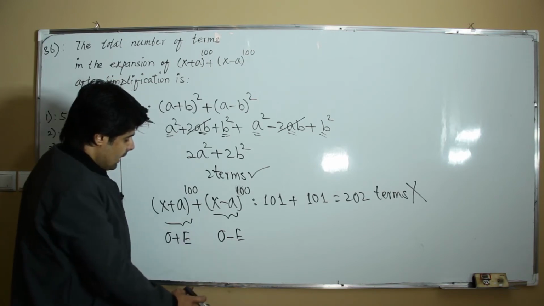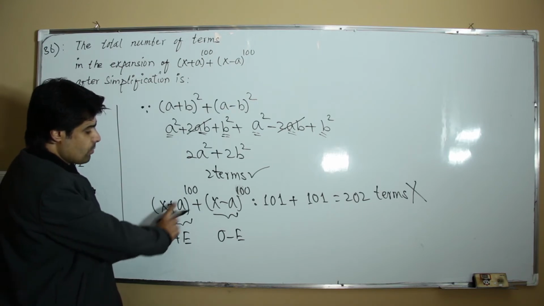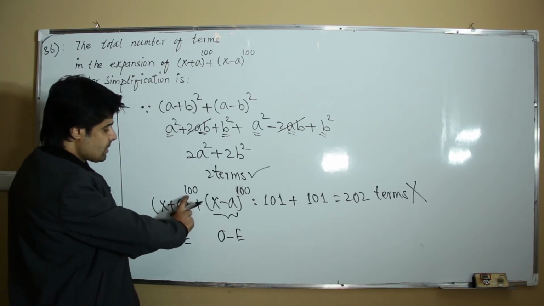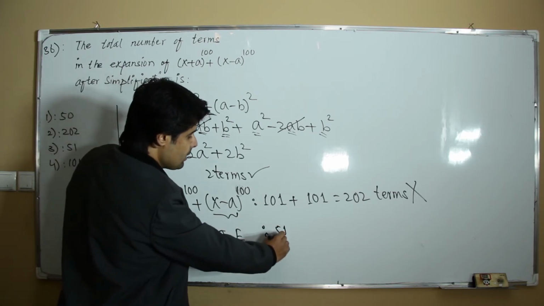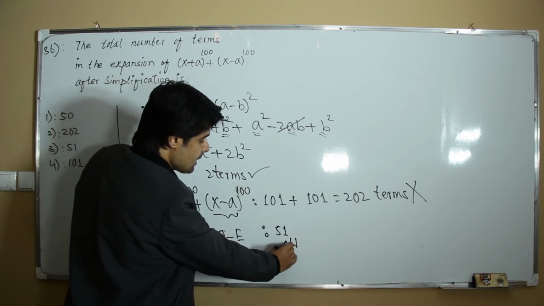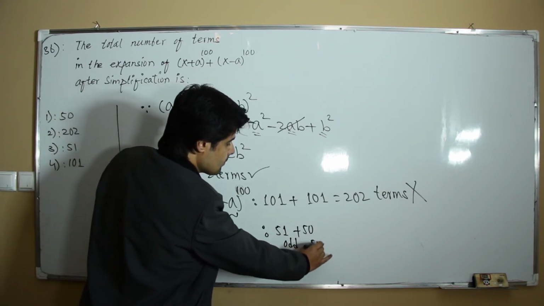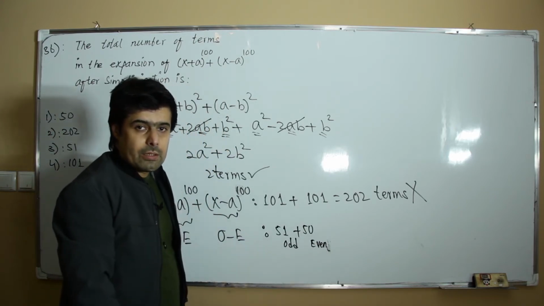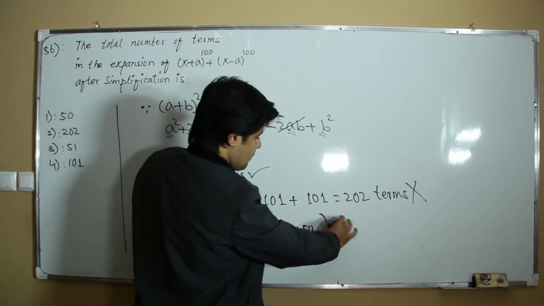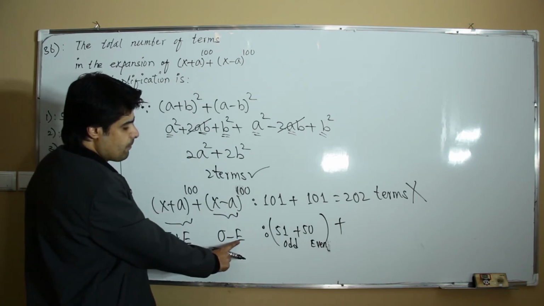Now, what do you think? How many odd terms do we have in here? If this one consists of 101 terms, it means it has 51 odd terms and 50 even terms. Am I right? Yes. Plus, this one consists of odd terms and even terms.